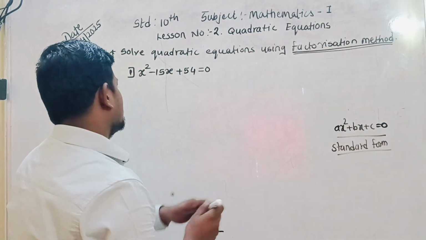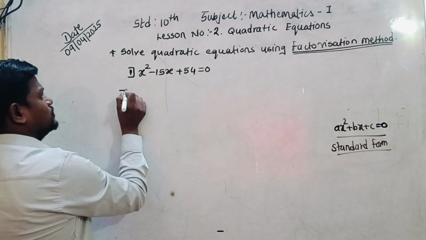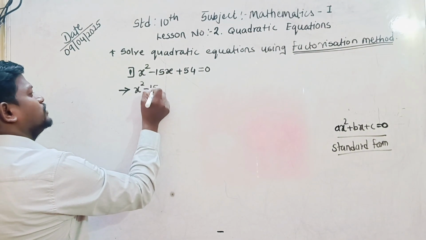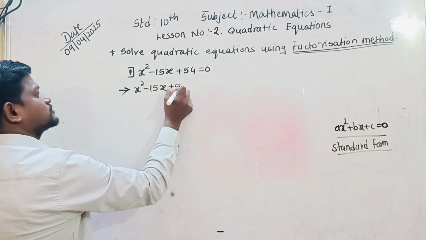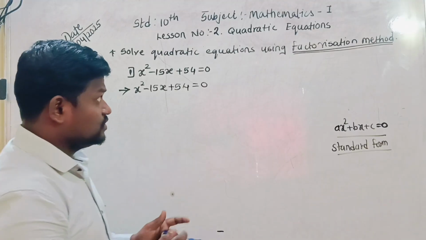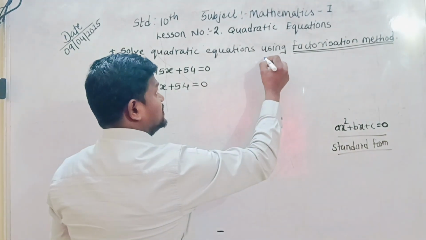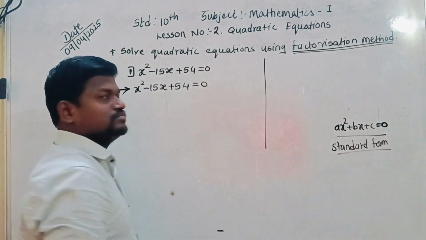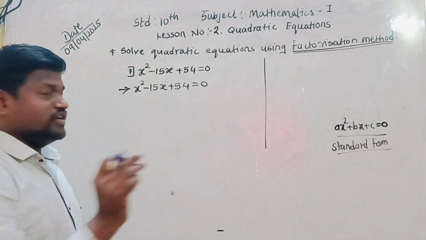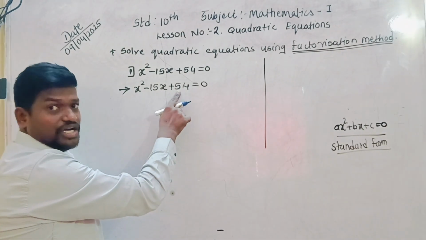So let's start. First we write down the question. Okay, now follow some trick here. What is the trick? Multiply the first coefficient with the third coefficient.